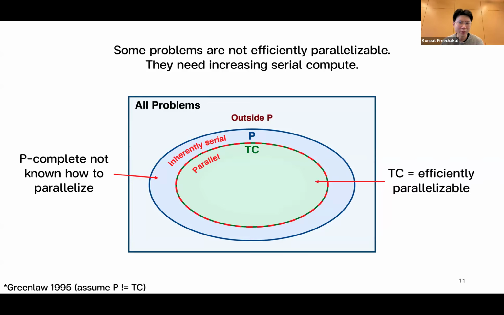So it seems to be very hard to parallelize. To us, it makes sense to draw a boundary between inherently serial problems and the parallel problems. To be clear here, there is no proof that P-complete is not parallelizable, but we do assume that they are not parallelizable.